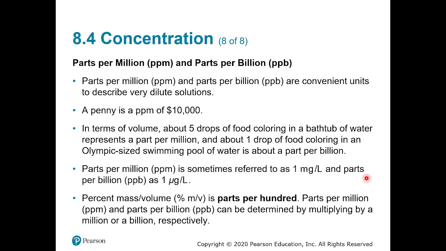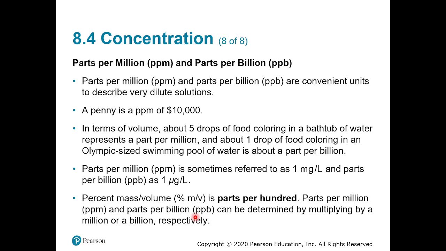All right, so remember that when we do this, this is going to be a percent mass over volume measurement. And so a percent mass over volume would be parts per 100. The parts per million would just be times 1 million instead of 100 here. And if we were to do parts per billion, you'd be multiplying by a billion instead.